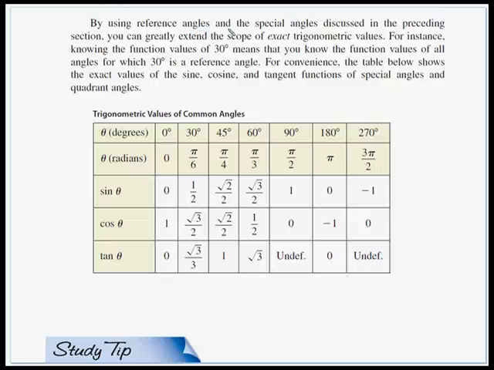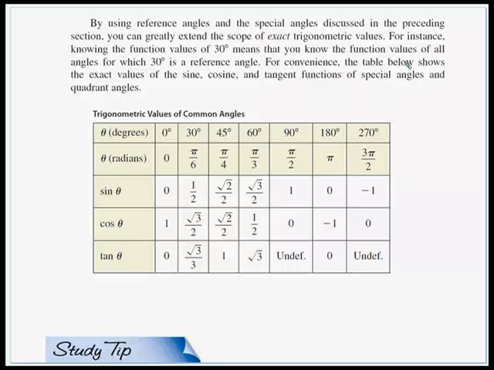So by using these reference angles and the special angles discussed in the preceding section, you can greatly extend the scope of the exact trig values. For instance, knowing the function values of 30 degrees means that you know the function values of all angles for which 30 degrees is a reference angle.